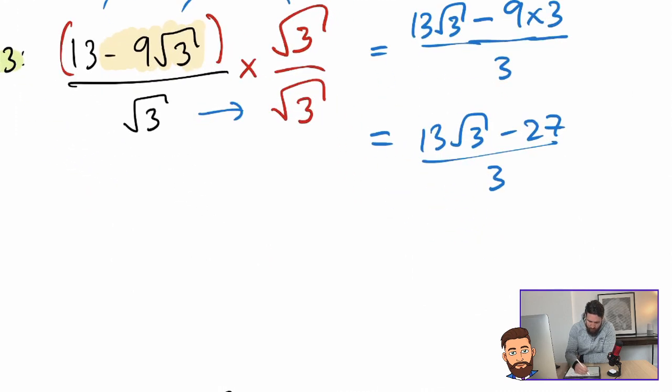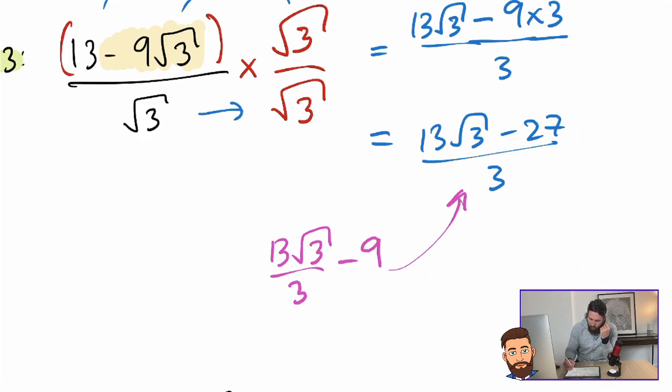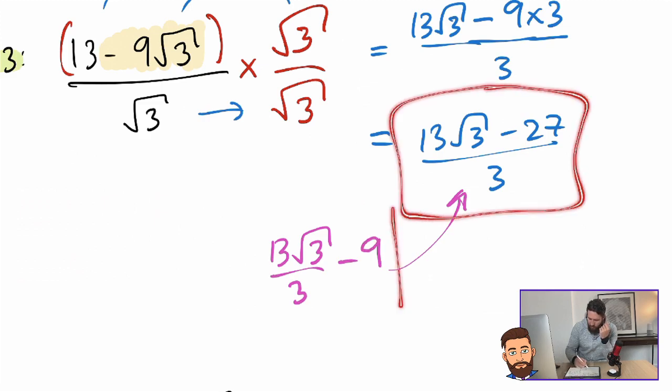Okay. There's an alternative form that you could write that in. You might spot here, 3 actually does go into 27. So you could split that and just have 13 root 3 over 3, and then minus what is 27 divided by 3, that would be minus 9. So those two answers are the same.